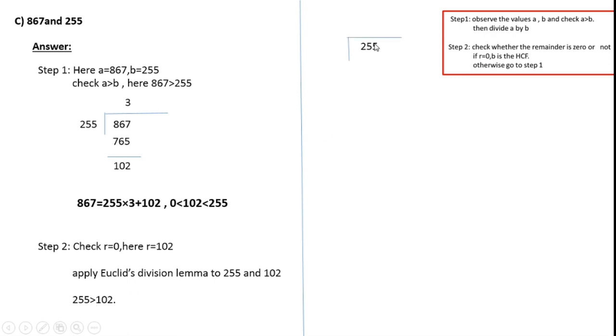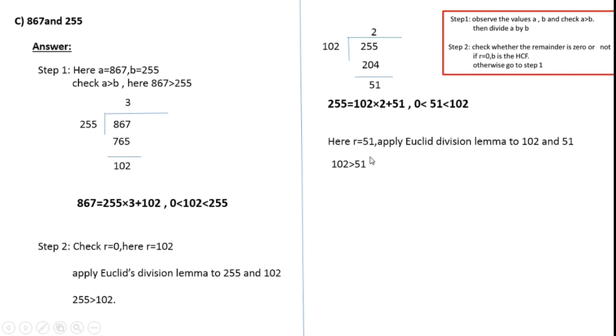Now we can divide 255 by 102. 2 times 102 is 204. Then the remainder is 51. This we can write as 255 equals 102 into 2 plus 51, where the remainder 51 is less than the divisor 102.